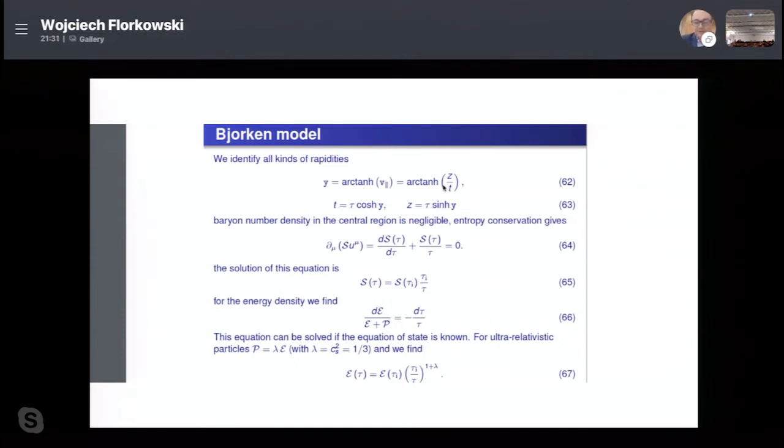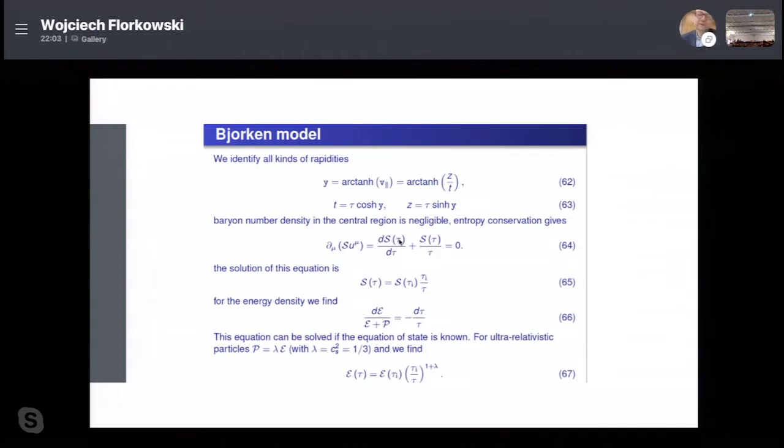Yes. And now, what is very simple is the solution for the entropy, which is conserved. In the perfect fluid approach, the entropy is conserved, and in this very simple variant of expansion, the conservation of the entropy gives you a simple differential equation. The convective derivative of the entropy density is just the derivative of S with respect to the proper time.